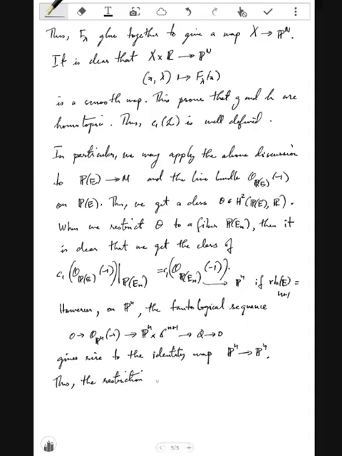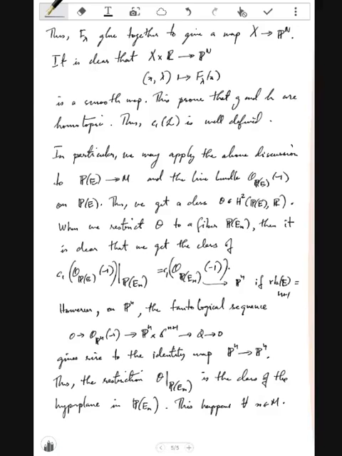Thus the restriction of theta to P(E_x) is the class of the hyperplane in P(E_x), and this happens for all x in the base M.